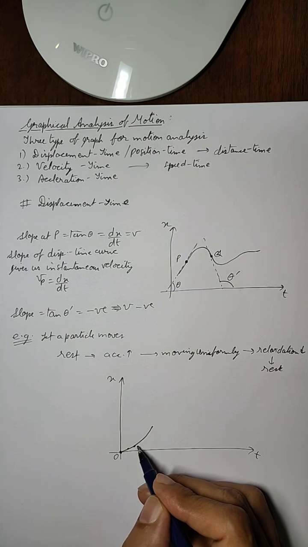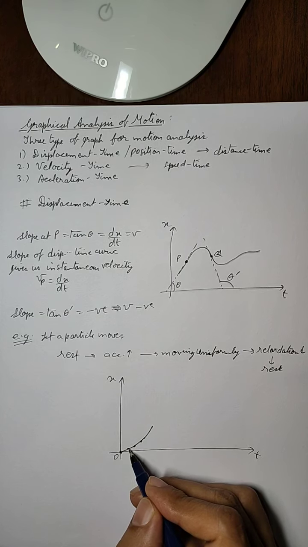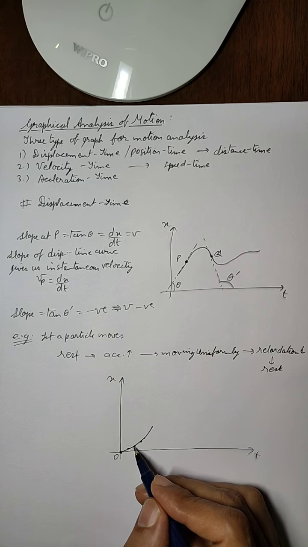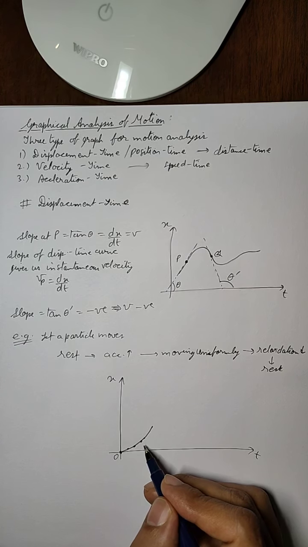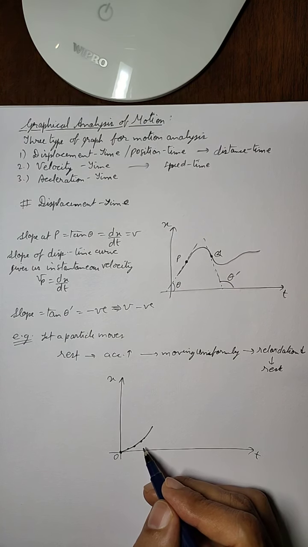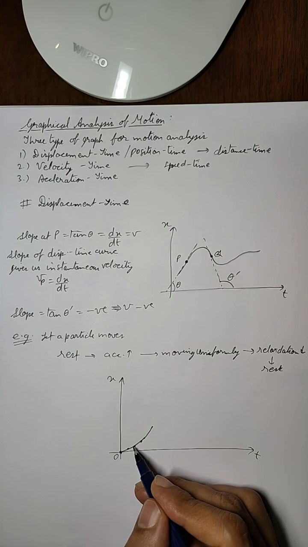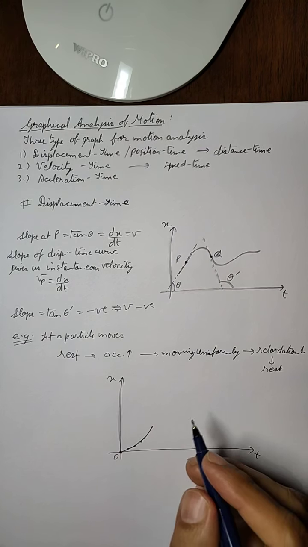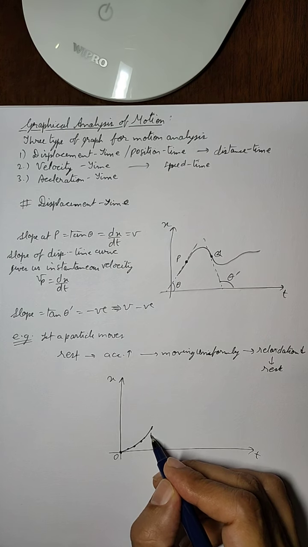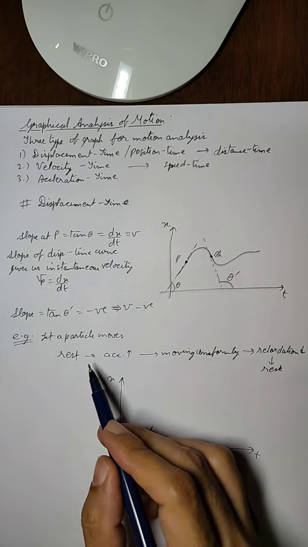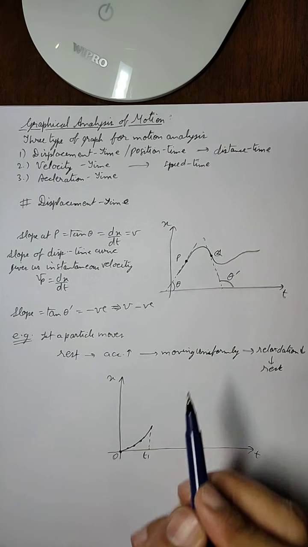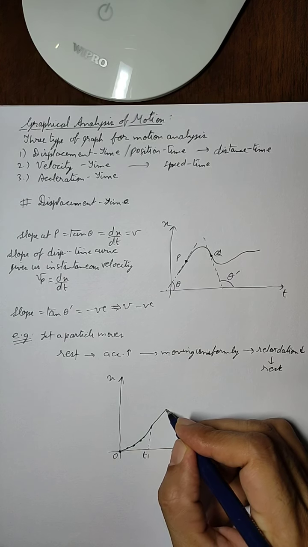At every point, if you draw the tangent, the tan theta will become more and more in value. It will go more positive. That means that the velocity is increasing till, let us say, time t1. So from rest, the body accelerated till time t1, then it is moving uniformly, so it will be a straight line.